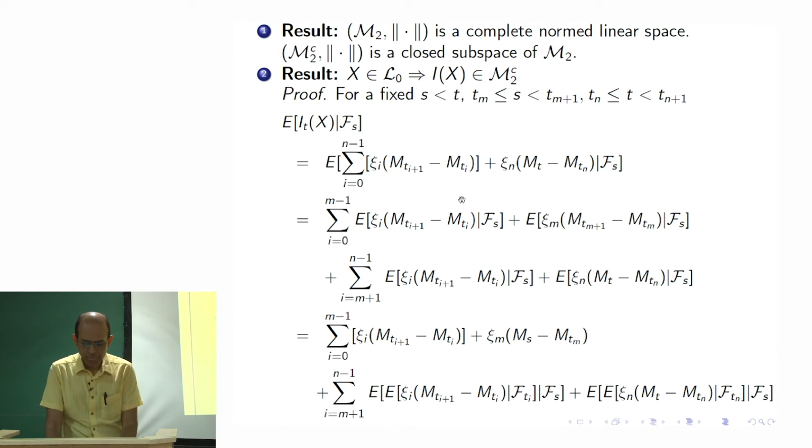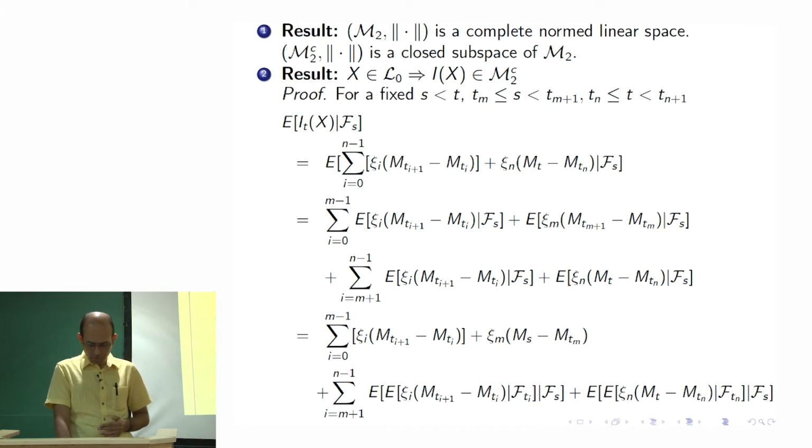Now, we rewrite the above expression, instead of i from 0 to n minus 1, as i from 0 to m minus 1 first, because since s is less than t, m is not more than n. So, we can write this way, i is equal to 0 to m minus 1.